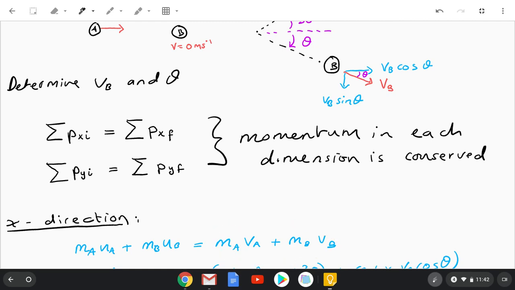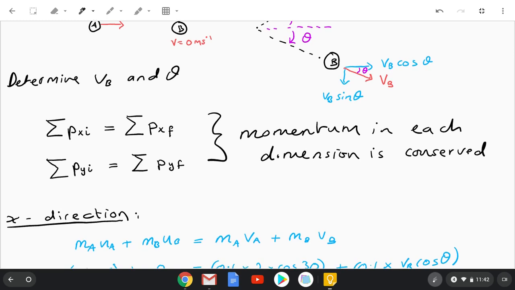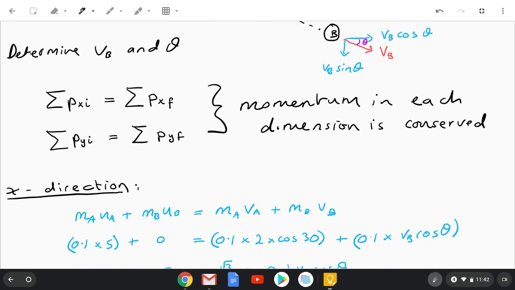I've used the notation u for initial velocity and v for final velocity. This is for a two object collision. If it was multiple collisions, I'd have to add more momentums before and after. So here we go.